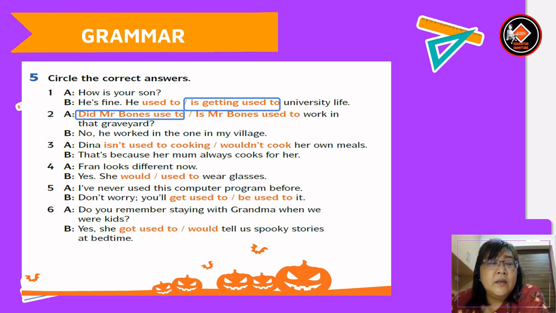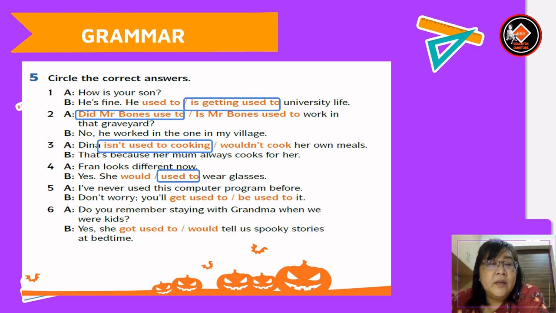Number 3, A, Dina isn't used to cooking her own meals. B, that's because her mom always cooks for her. Number 4, A, Fran looks different now. B, yes, she used to wear glasses.